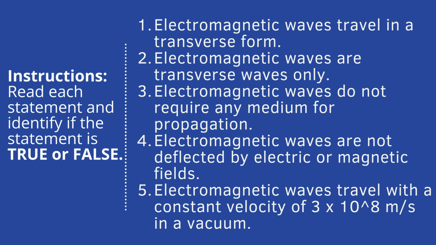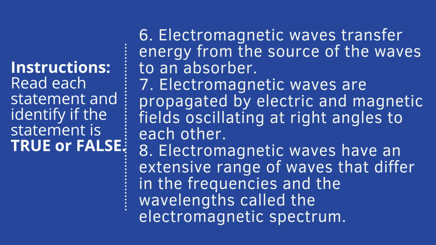5. Electromagnetic waves travel with a constant velocity of 3 times 10 to the 8 meter per second in a vacuum. 6. Electromagnetic waves transfer energy from the source of the waves to an absorber. 7.